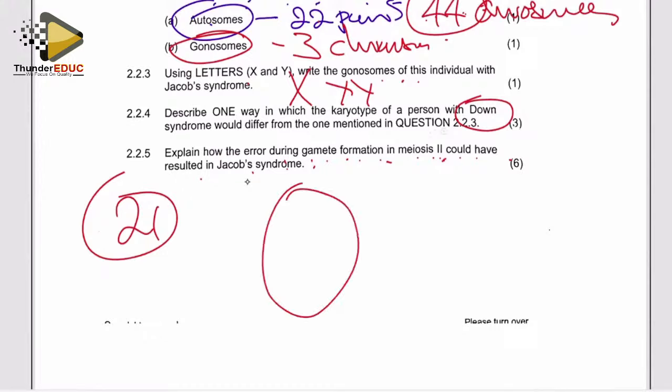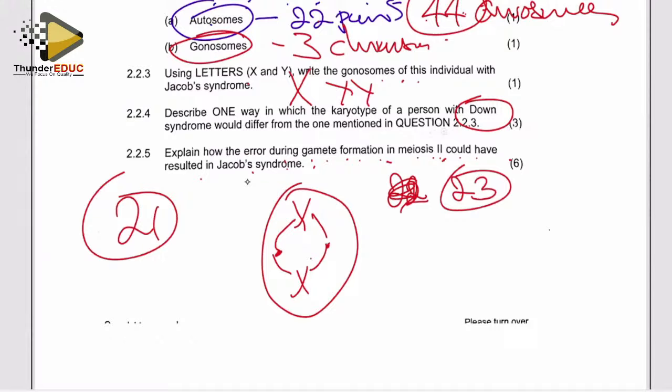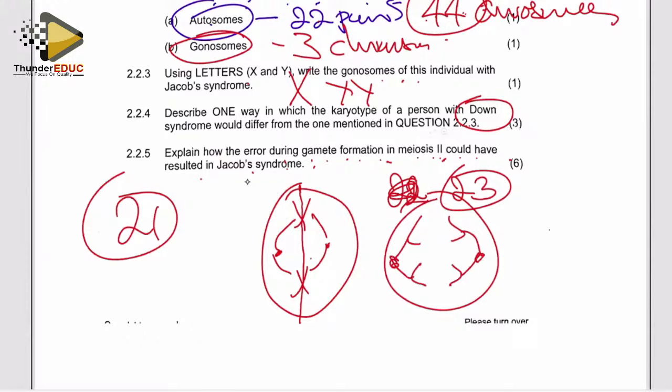During anaphase, the chromosomes of the 23rd pair are supposed to split like this. It is in metaphase now, so during anaphase they are supposed to split so that they move to opposite poles. But now what happens on this gonosome? What will happen?